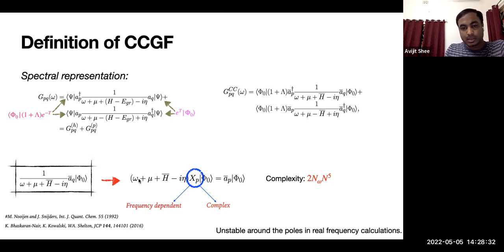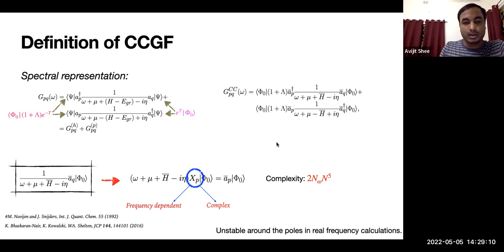The problem with this approach is that this quantity is complex, and therefore the complexity of these equations goes as N to the 5, that is the scaling of this matrix vector product that comes in these equations, times the number of frequency points used for a particular calculation. And in my experience, sometimes these equations are numerically unstable as well.